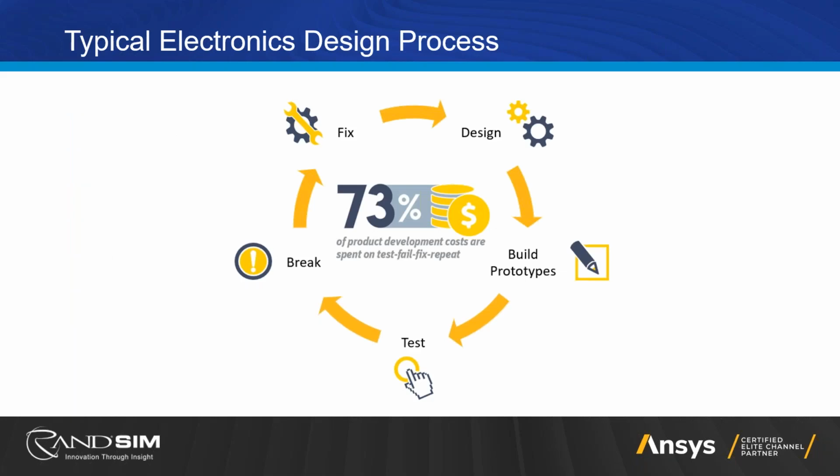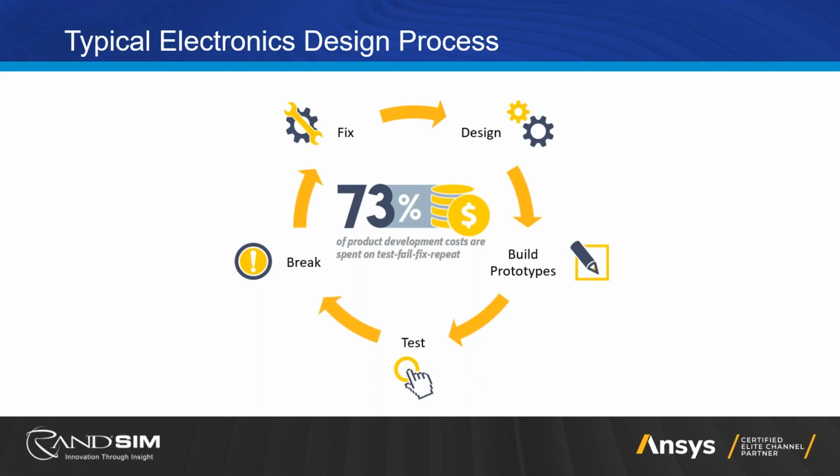I imagine most of you are familiar with the traditional or typical electronics design process. Starting up here on the upper right, you will design your board, build your prototypes, and test it, whether that's EMI or mechanical testing, so environmental, thermal, vibration, and then you're going to break the design.